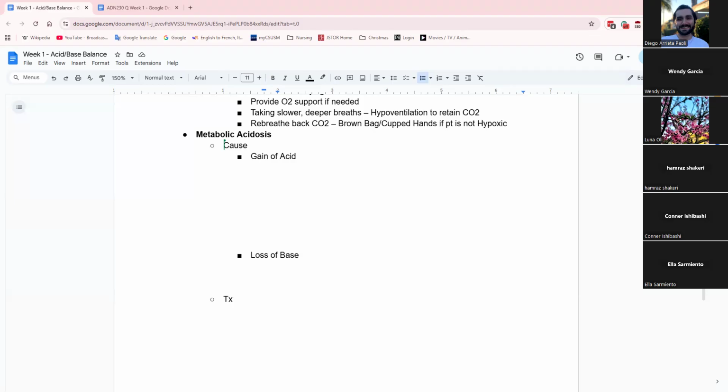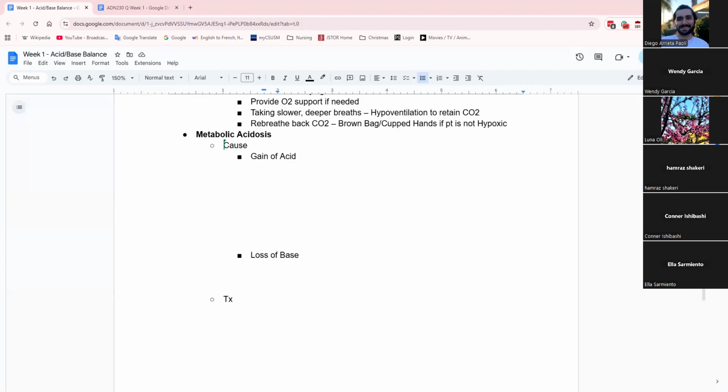What other organs failing could cause lactic acidosis? Renal failure, yes, because we talked about how the metabolic is managed by the kidneys primarily. So if your kidneys aren't working, then you're not going to have proper regulation. What other organs did we discuss that could be relevant? What other conditions did we discuss up above? Pancreas, yeah.